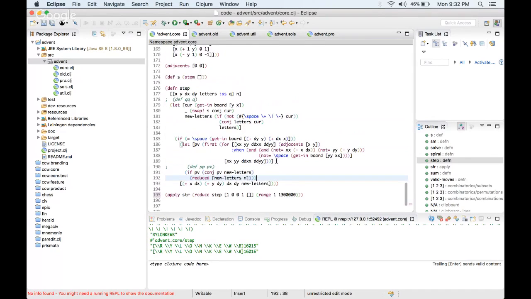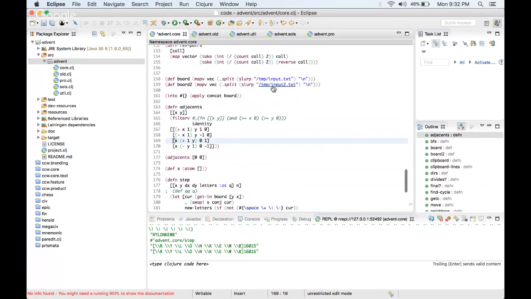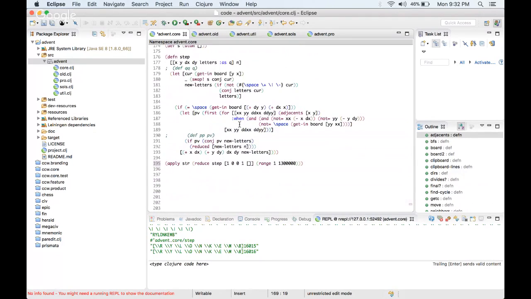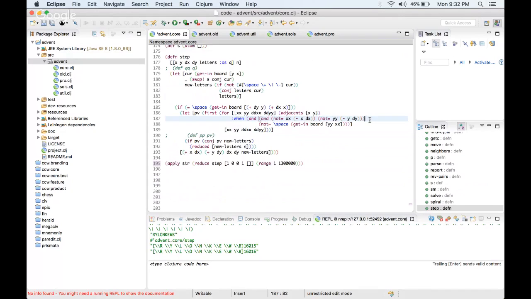So that caused me to go back in and reevaluate the test input, and I found a couple of bugs. I think there was this one here. So this one definitely needed to be fixed.